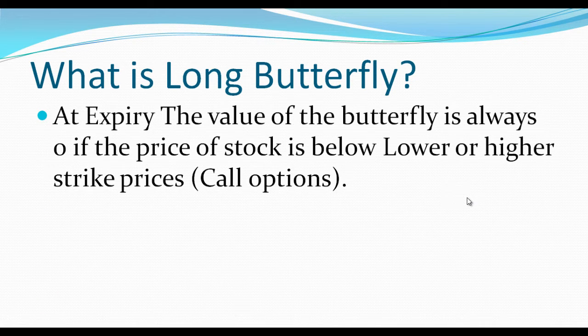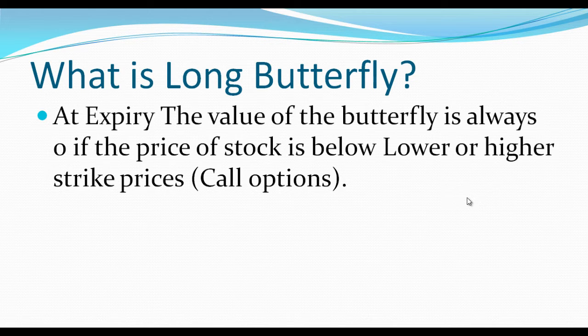At expiry, the value of the butterfly is always 0 if the price of the stock is below the lower or above the higher strike price of the call options.